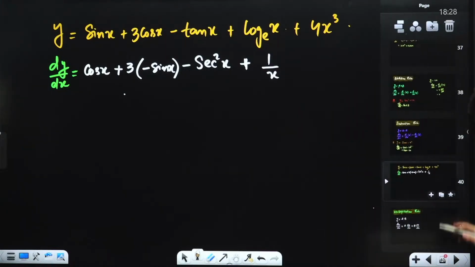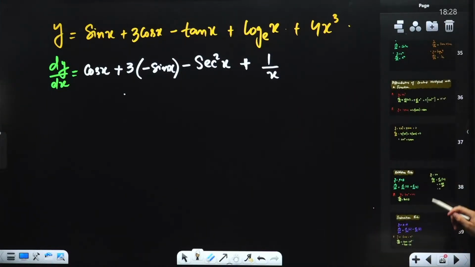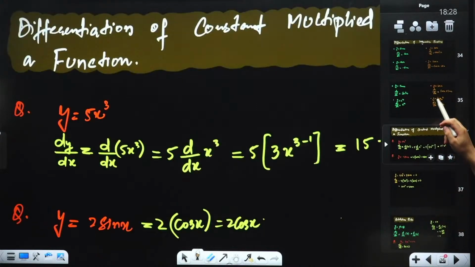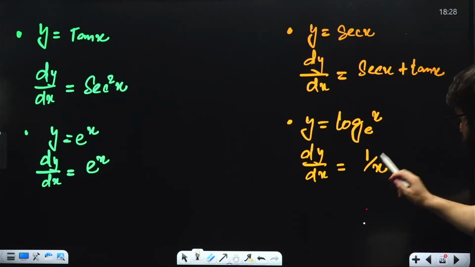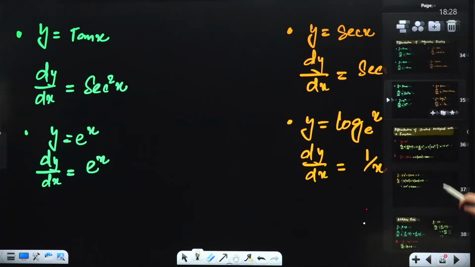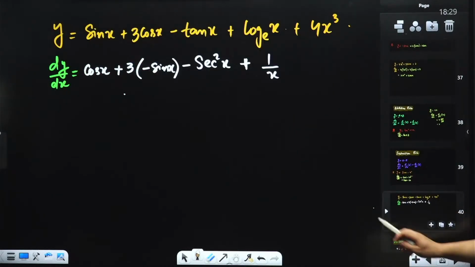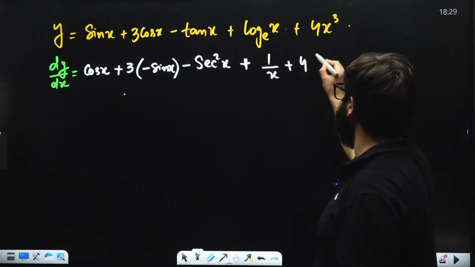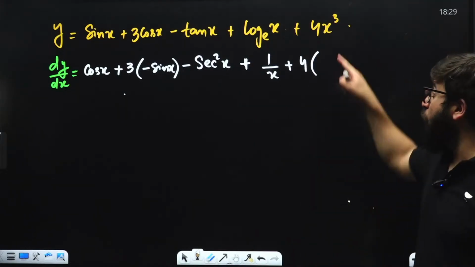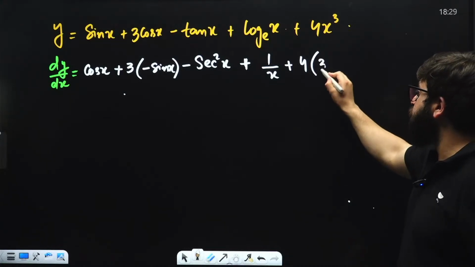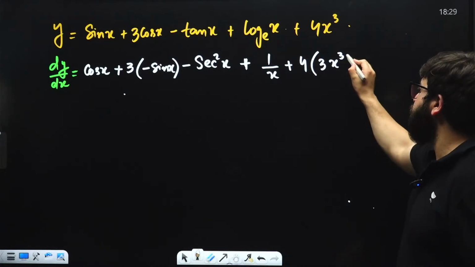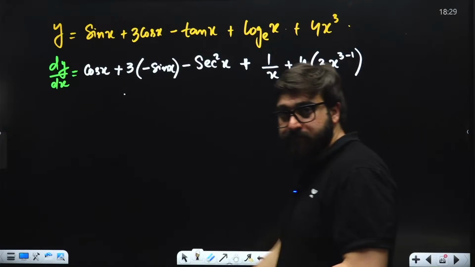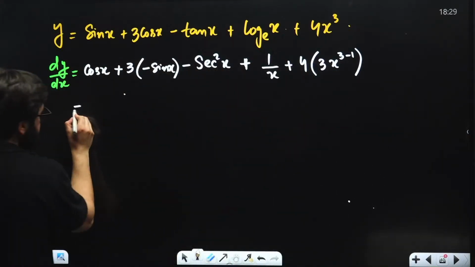See, recently I told you the differentiation of log x, that is 1 by x. And then, what is the differentiation of this one? 4 is a constant, so it stays out. For x cube, it will be power down 3, x raised to the power 3 minus 1. Now guys, I can write it like this.